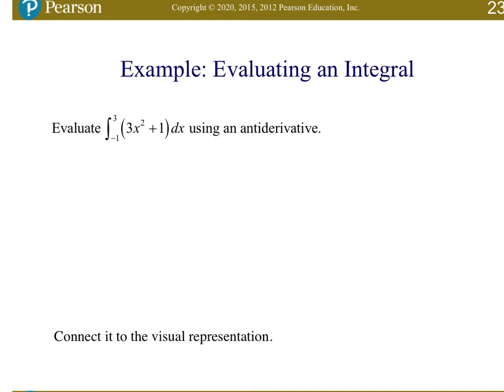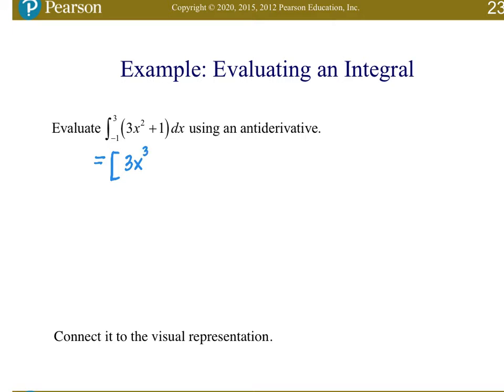So let's evaluate from -1 to 3 of 3x squared plus 1 using an antiderivative. So we're going to put an equal sign to show that they're equal, and then we put a bracket to show that we've done an antiderivative, and we want to work on the antiderivative of 3x squared. So that would be 3x, and the new power goes up higher.